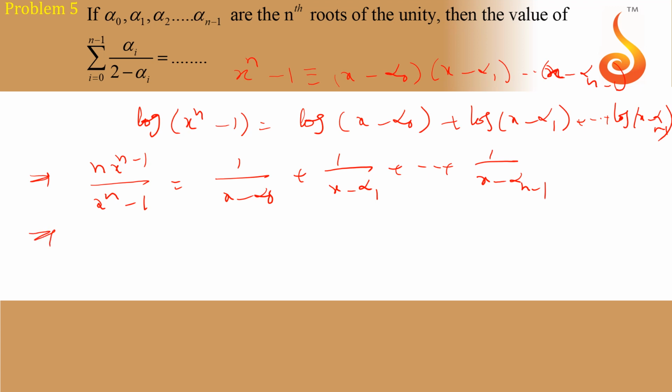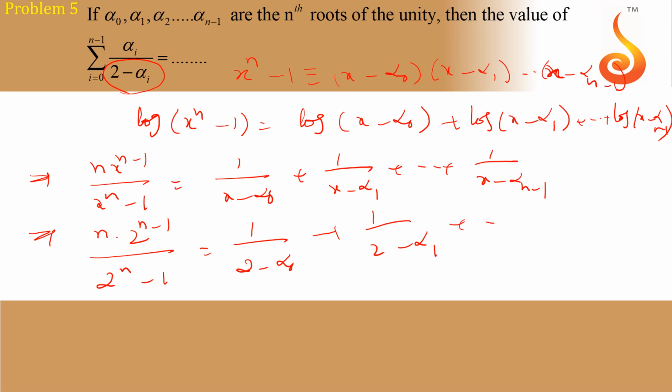So if I put x = 2, because I want 2 − αᵢ here, n into 2ⁿ⁻¹ by (2ⁿ − 1) = 1/(2 − α₀) + 1/(2 − α₁) + and so on, 1/(2 − αₙ₋₁).